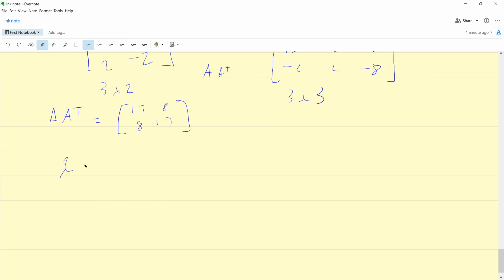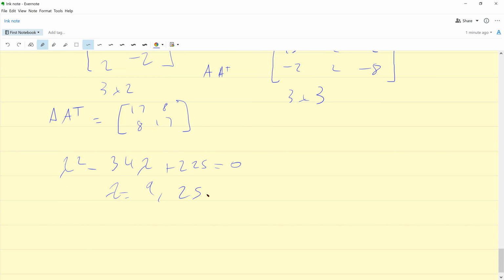I'll just give it to you guys since we don't have too much time, but it's lambda squared minus 34 lambda plus 225. And then that gives you that the eigenvalues are 9 and 25.